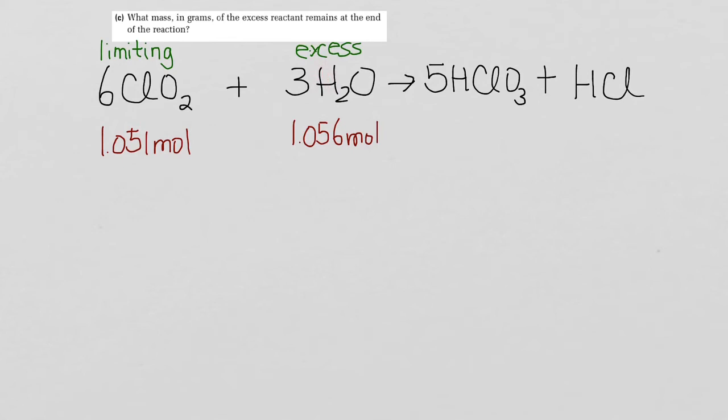So these numbers are recalculated. These are moles of each reactant that was available to us at the beginning of a reaction. Right at the start of the reaction, before they were even mixed together, before they reacted together to make products, this is how much you have of each reactant.